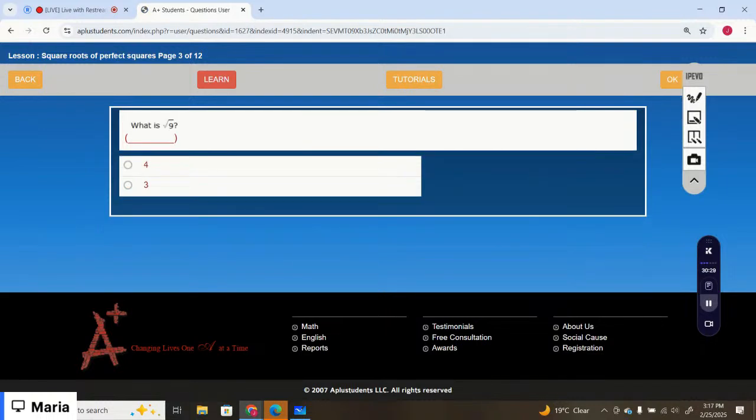That is not half of the number. The number multiplied by itself makes the square of the number. Square root 9 equals 3, option number 2 is the correct option.